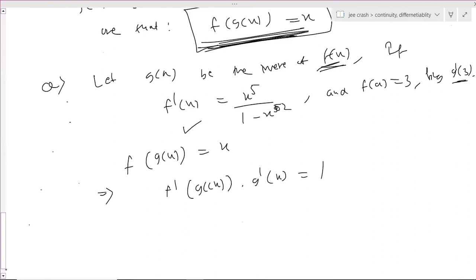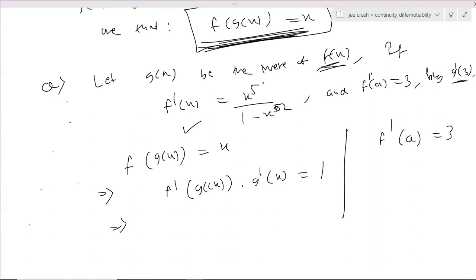Yes, sir. Okay. So now what you can do? They have given you f. Suppose I find f dash a. All right. I think I wrote the question wrong. This is f dash a equals 3, I believe. All right. Just give me 1 second. Let me check the question.